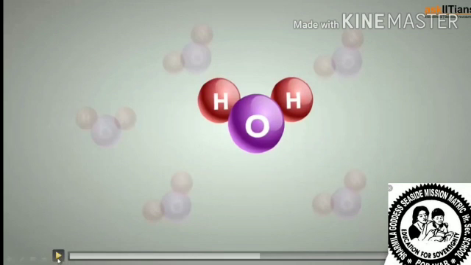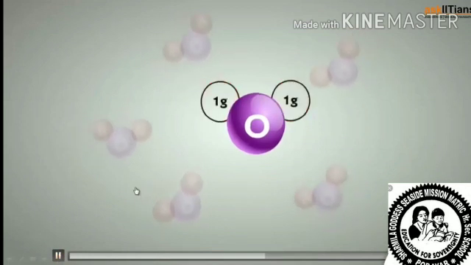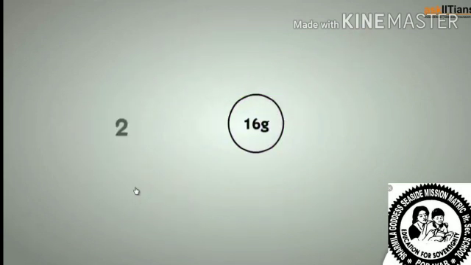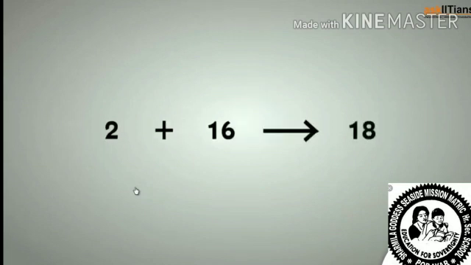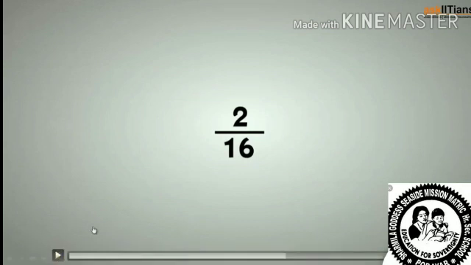So, 2 grams of hydrogen combines with 16 grams of oxygen and forms 18 grams of water. So, this 2 plus 16 is the ratio in which hydrogen and oxygen are combined with each other, that is 2 by 16, that is 1:8.